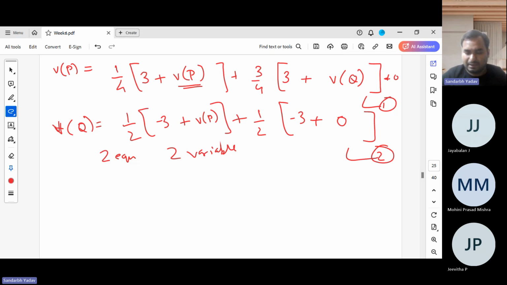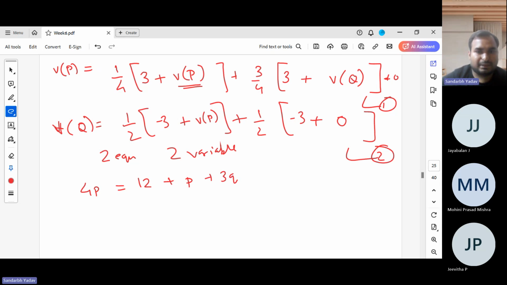So let's do this. First equation, what will it become? 4P is equal to 3 plus 3 times 3, 9, so 12, and there will be P again, and there will be 3Q, right?